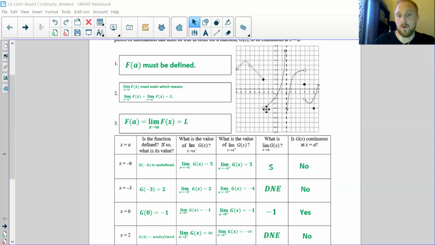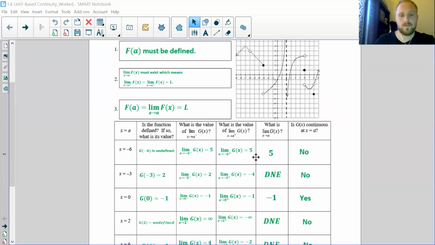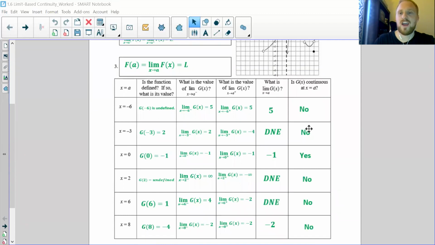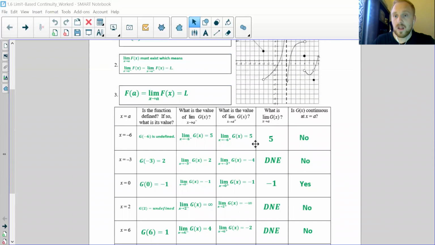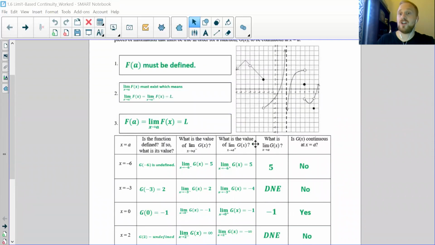That's -4. Since the limit from the left and the limit from the right are not the same, the limit doesn't exist, thus it's not continuous. This table is just doing examples of showing whether or not the function is continuous at a certain x value.